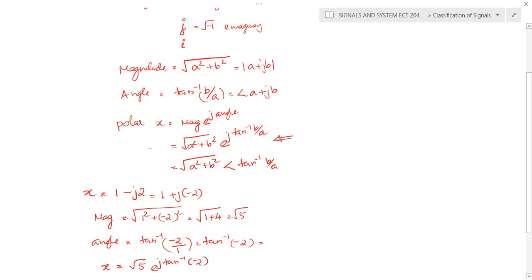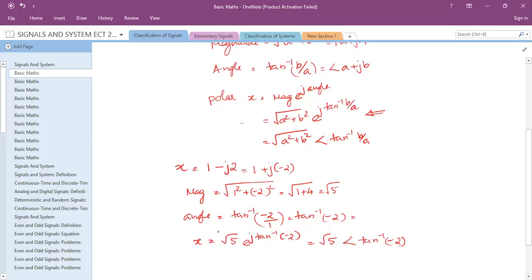This is the notation, and sometimes we write it in magnitude angle form, that is root 5 and angle tan inverse minus 2. This tan inverse minus 2, we can also write as minus tan inverse 2.